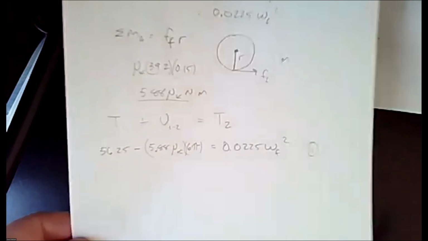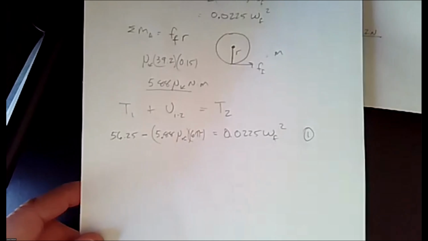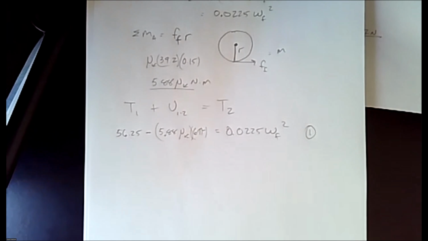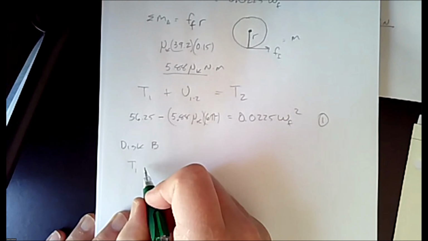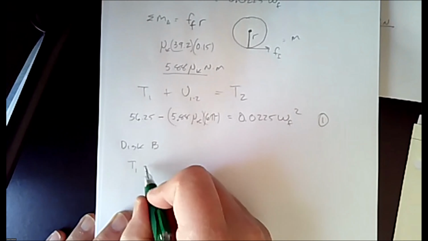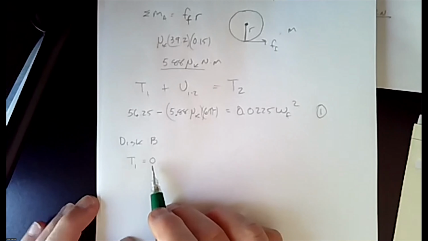So in order to solve, I'm going to have to go to disk B. Disk B will be done similarly, because what I'll have to do is just set up the same thing. So for disk B, we have T1, in this case, is 0, right? Because disk B is at rest.